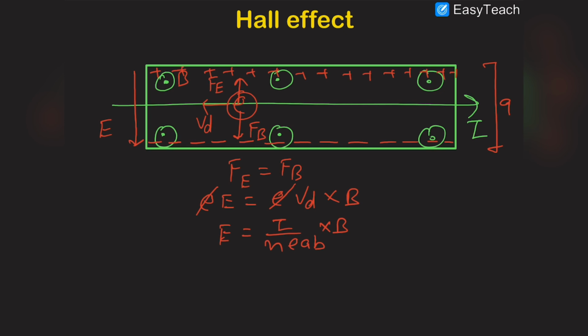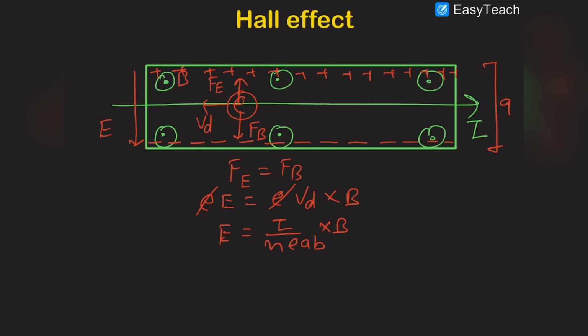So this is the electric field developed in the conductor, and this electric field is perpendicular to the magnetic field, as well as perpendicular to the direction of velocity of the electron. So hence we call this electric field the transverse electric field.